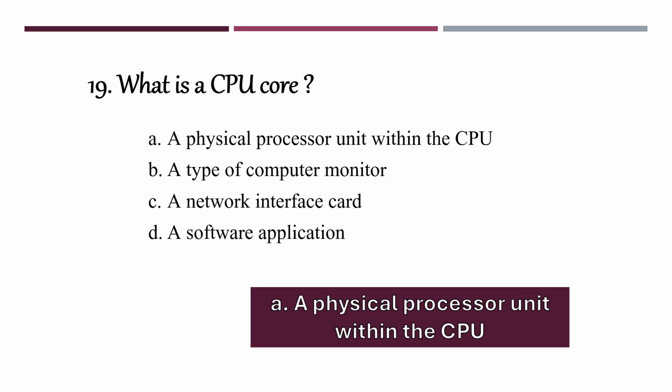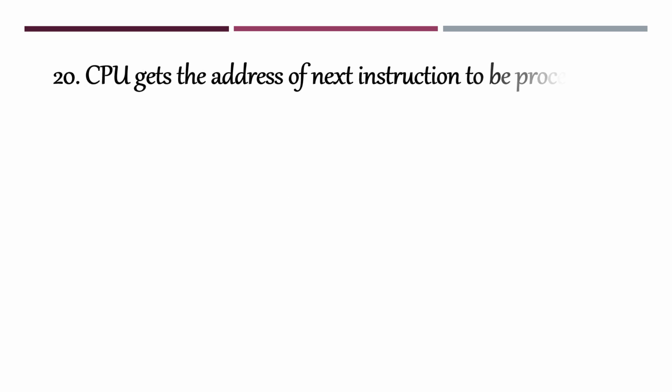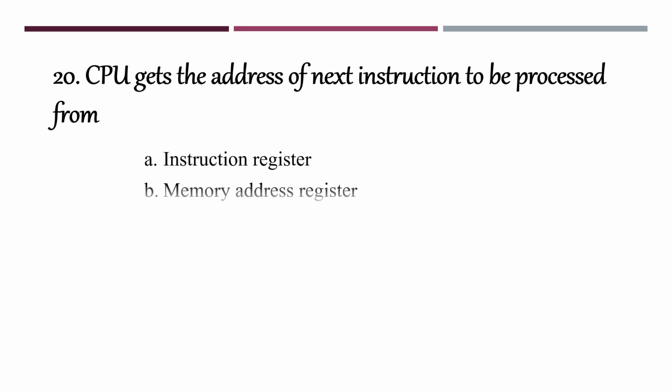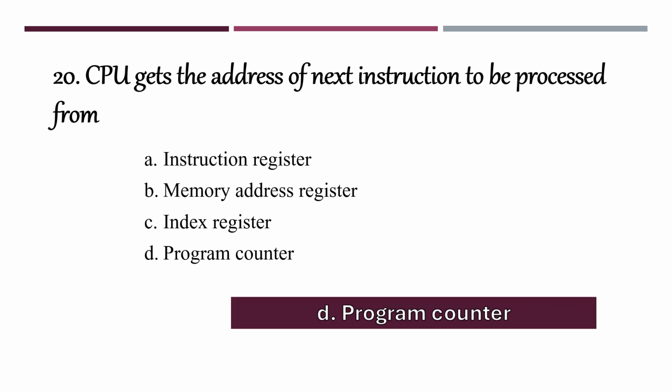Option A, a physical processor unit within the CPU. CPU gets the address of next instruction to be processed from. Option D, program counter.